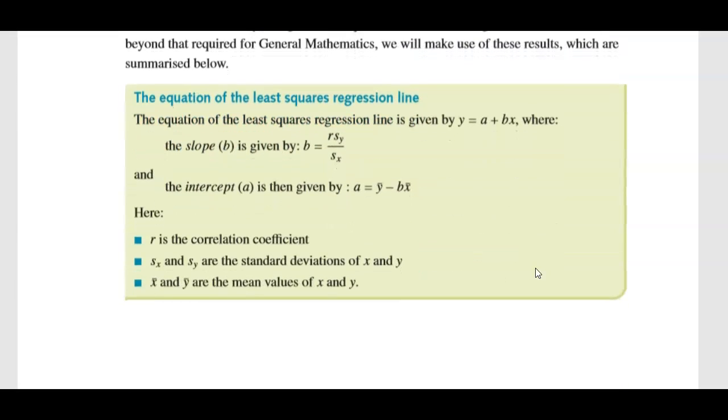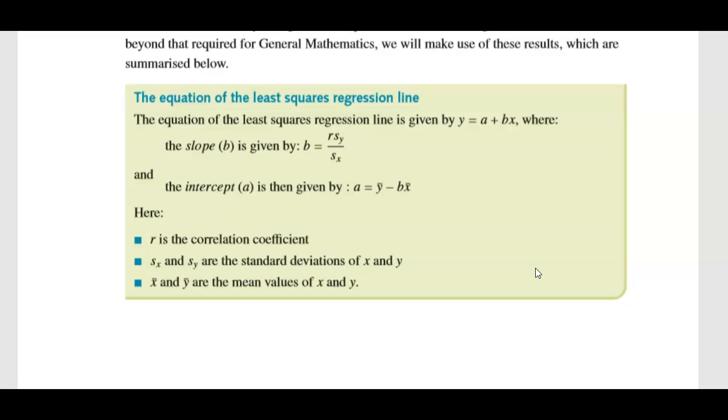All right, this little box here. Usually we'll do the least squares line on the calculator, but you also need to know this formula. This formula, and I'm going into year 12 further maths now, is on your formula sheet. I'm pretty confident it's on your formula sheet.